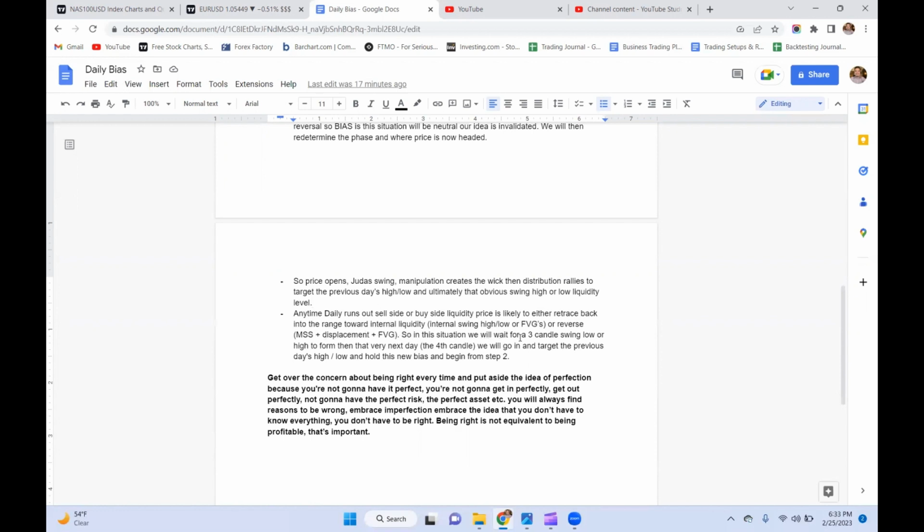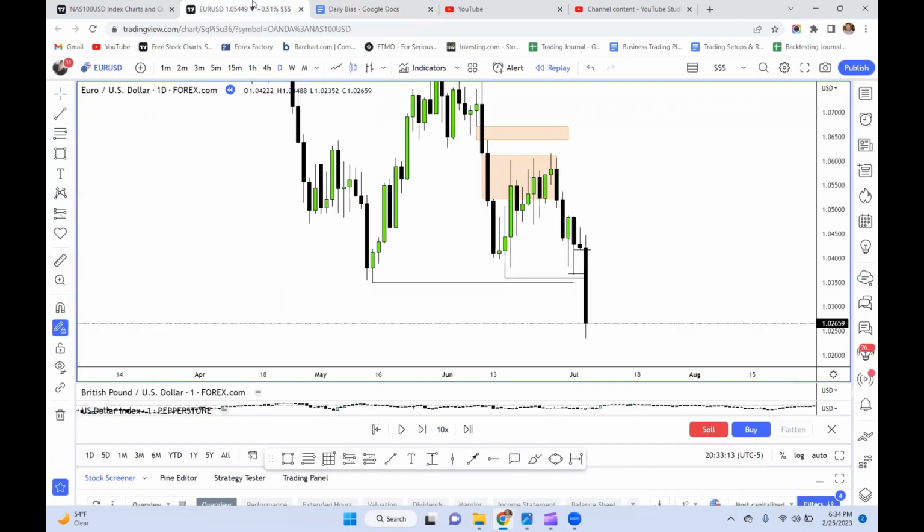So in this situation, we will wait for a 3 candle swing low to form. Then that very next day, which is the 4th candle, we will go in and target the previous day's high or low, the previous day's high in this case, and hold this new bias and begin from step 2.